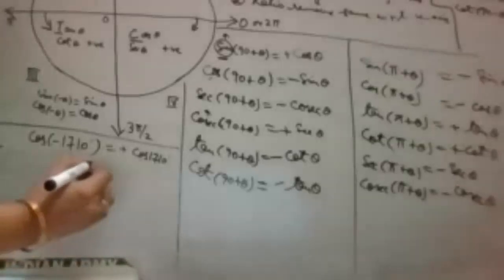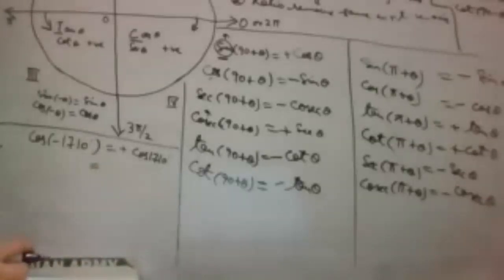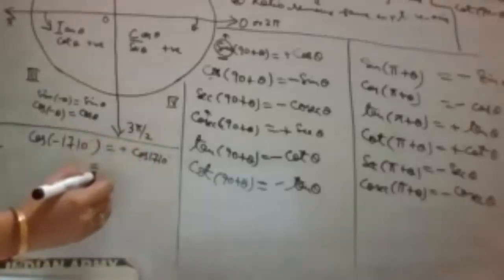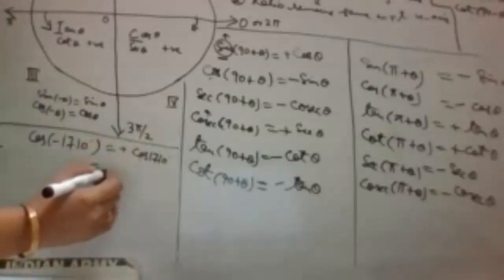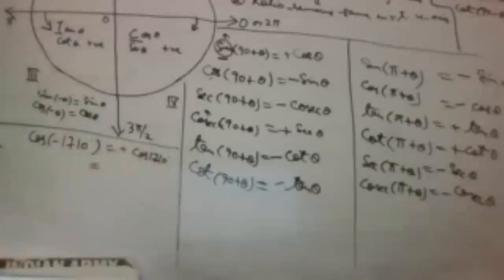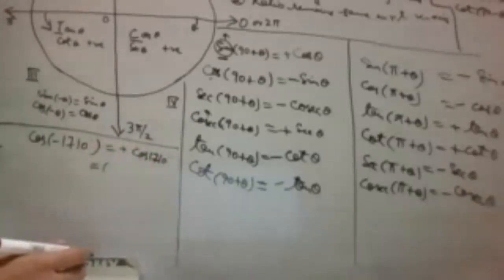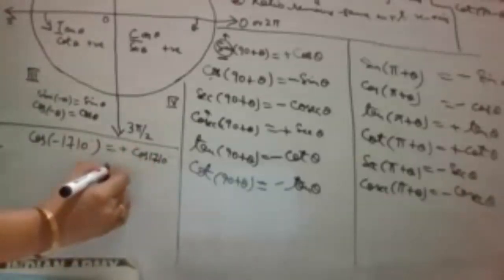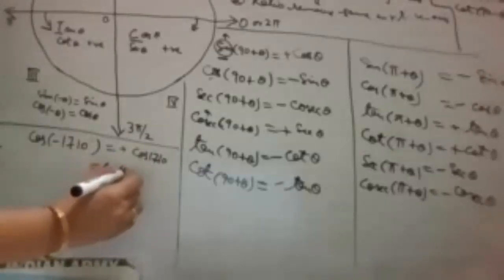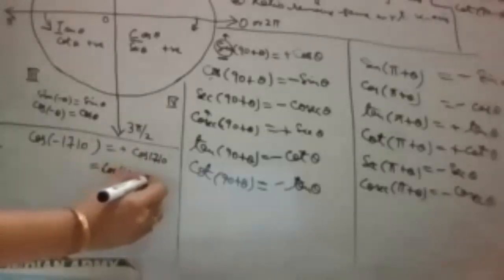Now we need to convert it to such an angle. We know the period of cos theta, that is 2n pi plus or minus theta. That means we can convert it to an angle which is a multiple of 2n pi. How can we write it? This is 1710 degrees, so we can write it as cos(1800 minus 90).